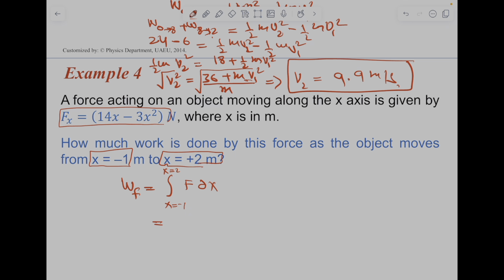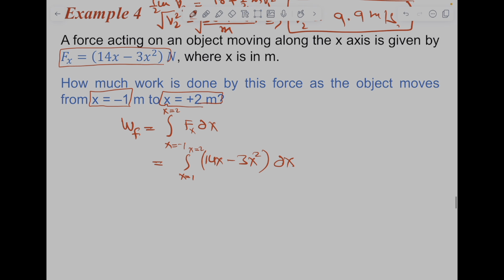Your force of x is given, from -1 to 2, which is 14x minus 3x squared, dx.